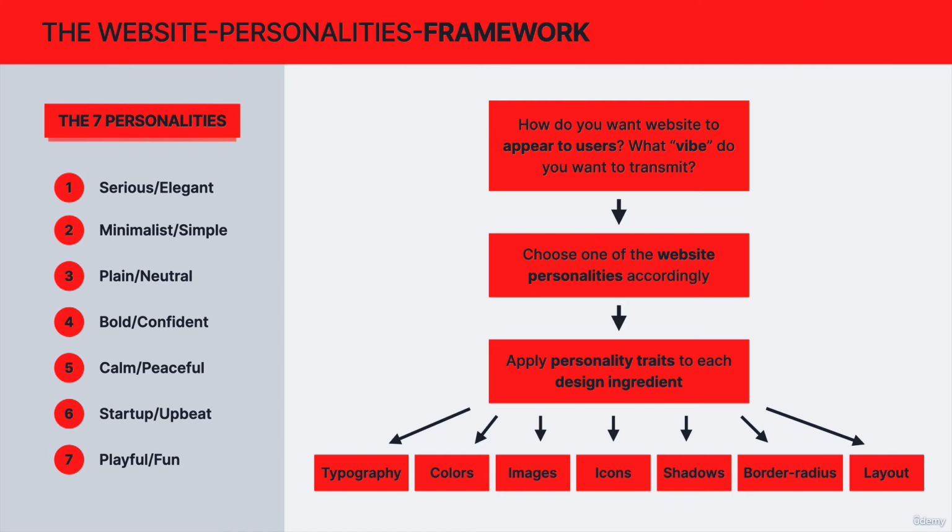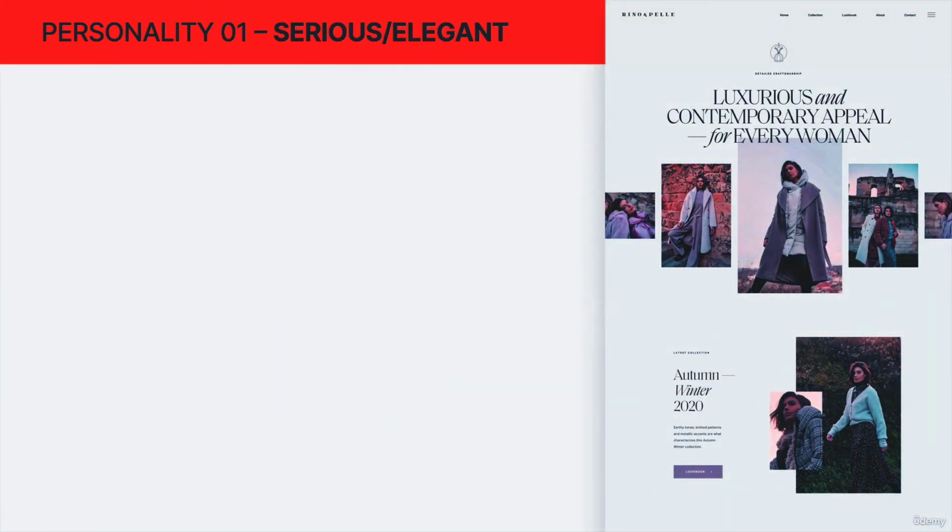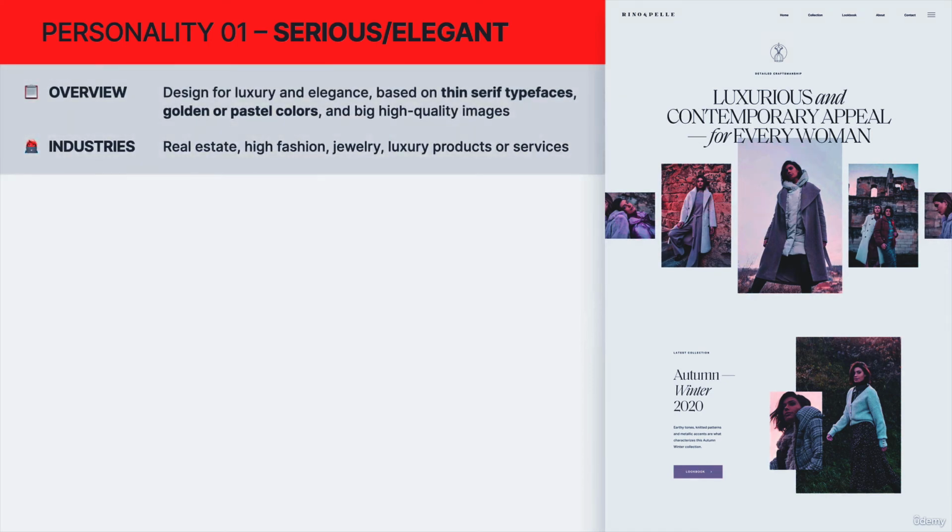And what exactly are these personality traits? Well, let's find out. So we're going to start with the serious and elegant personality. And here in the beginning is again that overview text that I already showed you in the first lecture of this section, so I'm not going to read those again for each of these personalities.